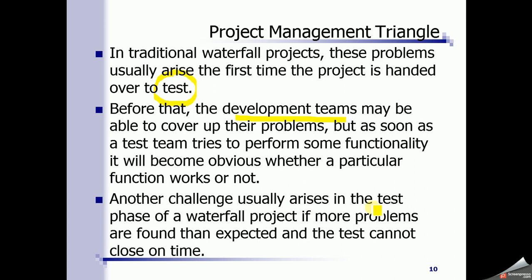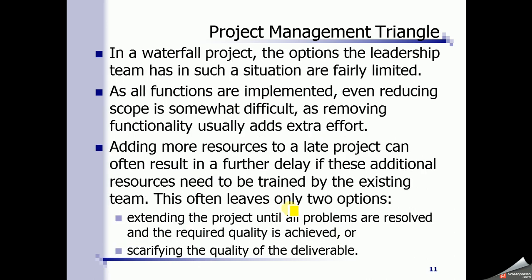Another challenge usually arises in the test phase of our project. If more problems are found than expected and you cannot close the test in time, the project cannot be delivered in the specified schedule.